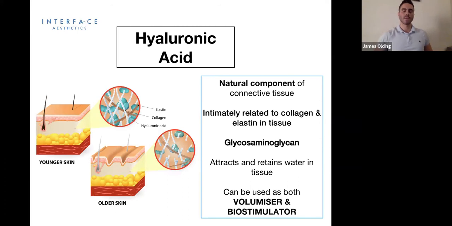And it's demonstrated not that greatly by this diagram, but gives you an idea that the amount of hyaluronic acid will affect how cohesive collagen, elastin, and hyaluronic acid are all together. And really importantly, as well, it attracts and retains a huge amount of water. In vitro studies have shown that it can retain up to 1,000 times its own weight in water. Hence, it's the interest in its use, for example, in aesthetics for a long time.